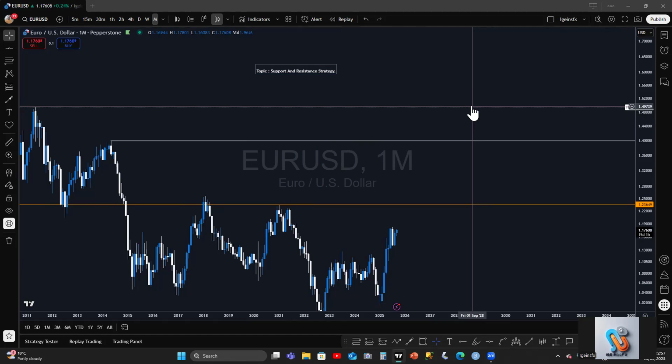Once you have identified levels from the higher time frame, place your trade maybe on the 4 hours, just as I do. I place my trade on 4 hours. I leave my trade to run. That is how it is. You even rest. You won't have time to be looking at your chart every time.